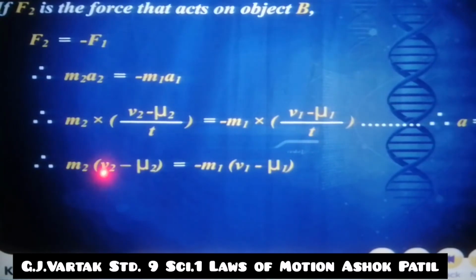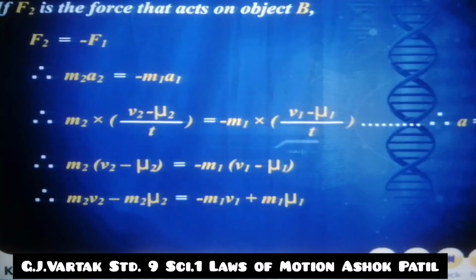m2 into (v2 minus u2) is equal to minus m1 into (v1 minus u1). Look here, multiplication of m2 into v2 is m2 v2, minus sign is here, m2 into u2 is m2 u2, then minus m1 into v1 is minus m1 v1, and minus m1 into minus u1, minus into minus is plus, m1 u1 is as it is here.